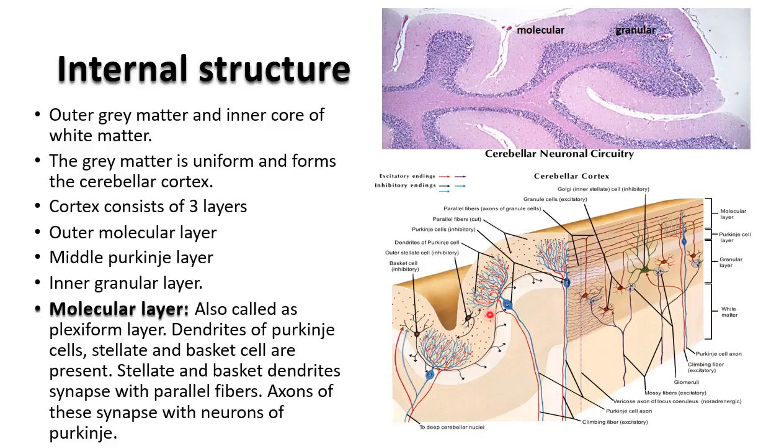You're able to understand. So the axons of the basket and the stellate cells synapse with the dendrites of the Purkinje cell. Dendrites of these stellate and basket cells will have connections with these parallel fibers and climbing fibers. Okay, so you're able to see that. So the parallel fibers and climbing fibers will also have synapses. You're able to see one climbing fiber making a synapse with the dendrite of the stellate cell, the same way the basket cells. Okay, so that is about the molecular layer.